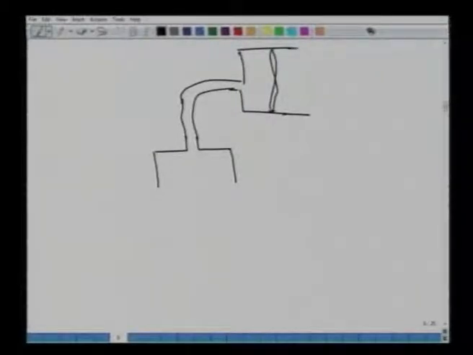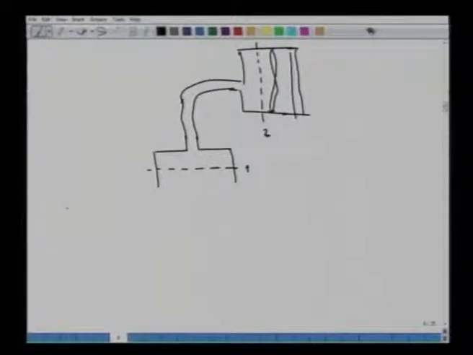This is the fan and this is our baghouse. I am considering this is my plane 1 and somewhere here is my plane 2. So, I am applying now my mechanical energy balance between plane 1 and plane 2.